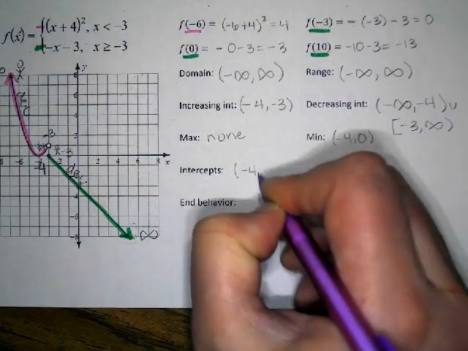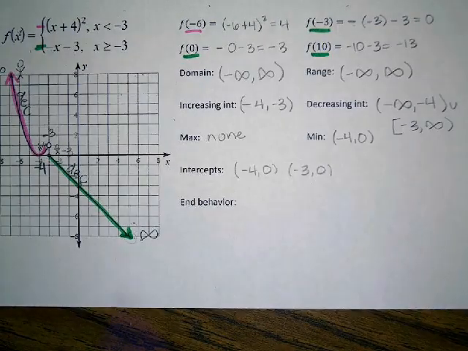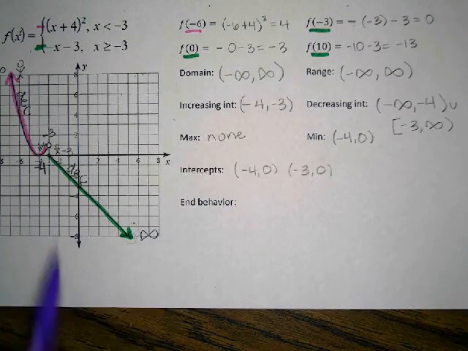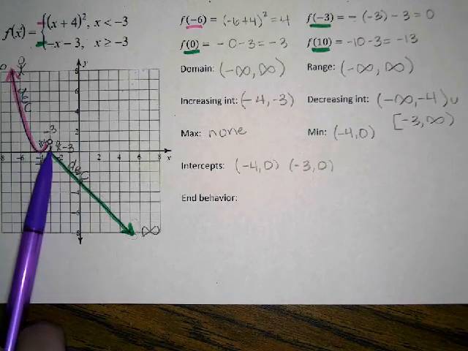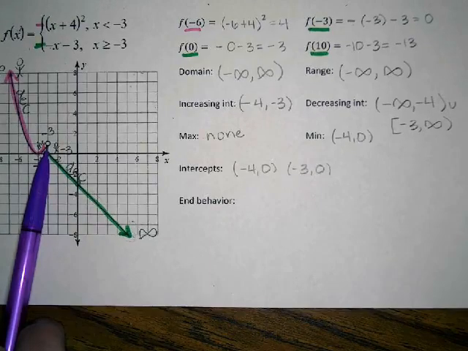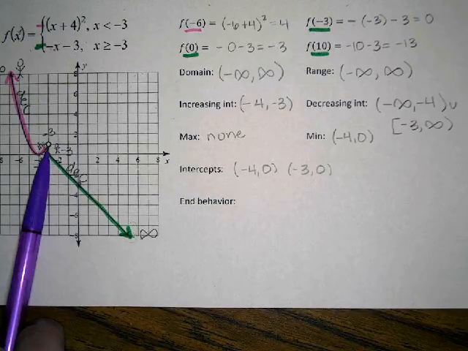Now, one thing that might come up in some of the drawings, I can't remember specifically, but if you end up having a hole specifically where an intercept is, do not include it as an intercept because it's not actually a point. So that's not happening here, but it could happen on one of the graphs that we have.